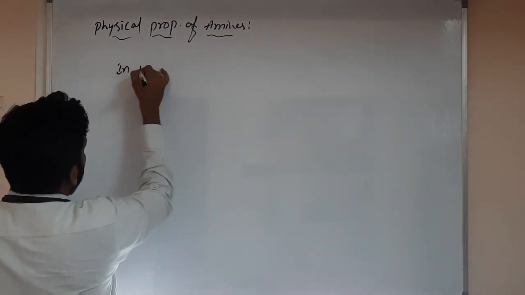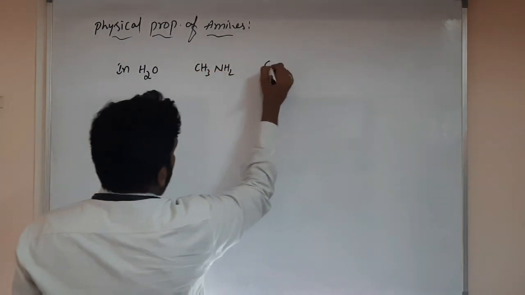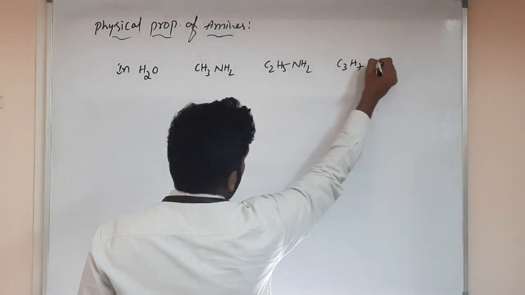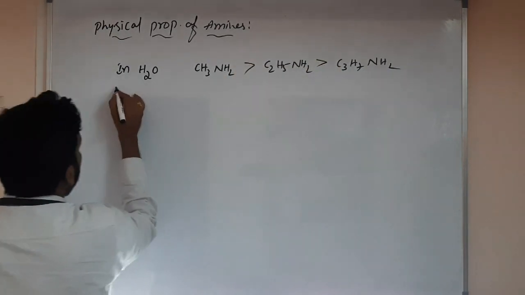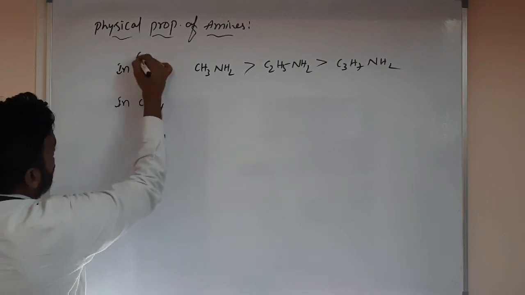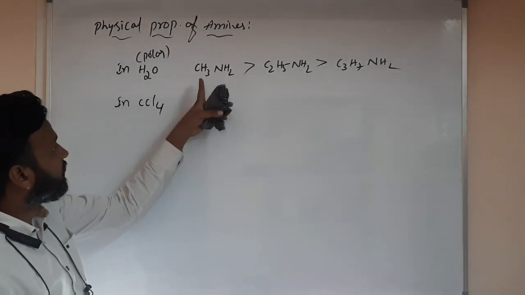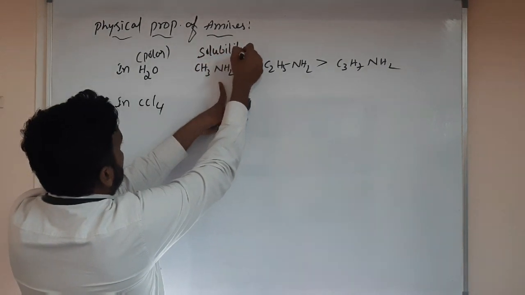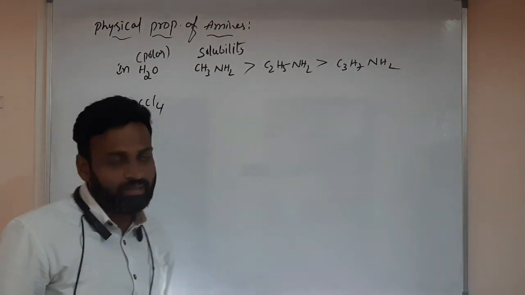So in water, CH3NH2, C2H5NH2, C3H7NH2, which has more solubility? Water is a polar solvent. In polar solvent, the solubility order is: solubility of methylamine is more, then ethylamine, then propylamine, like that.